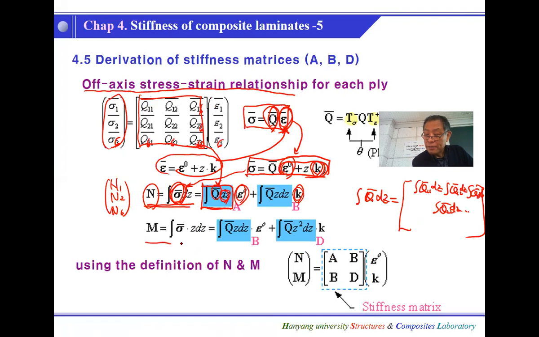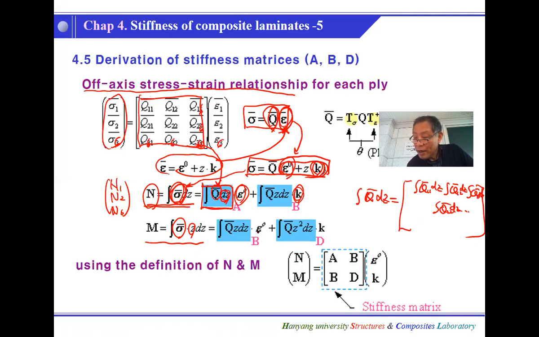Okay, now definition of a moment. Okay, definition of a moment. Moment is sigma times z. Sigma times z, okay, z, and sigma is here, put it there.